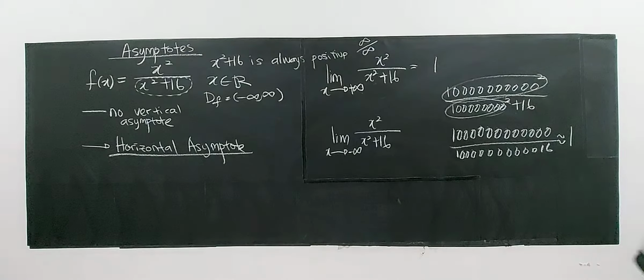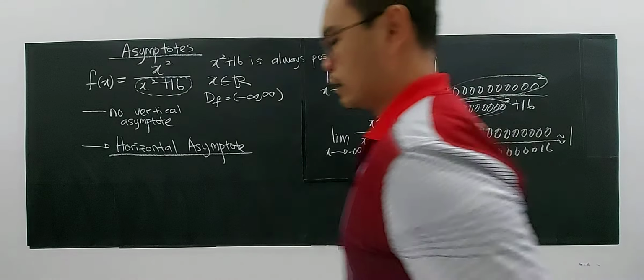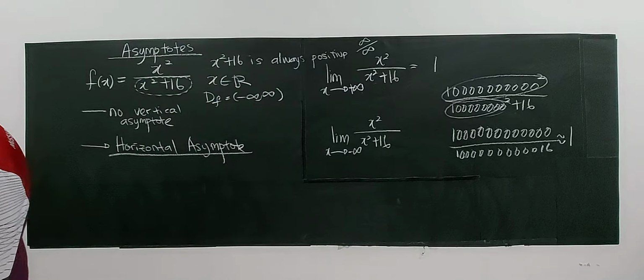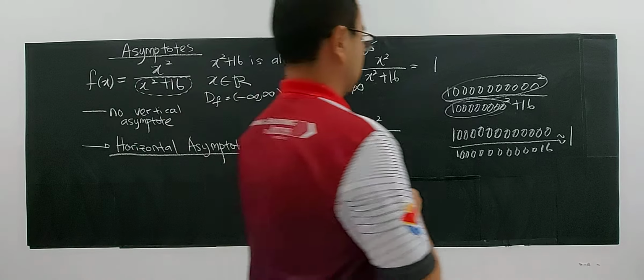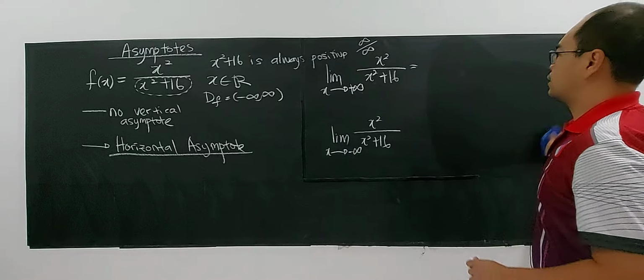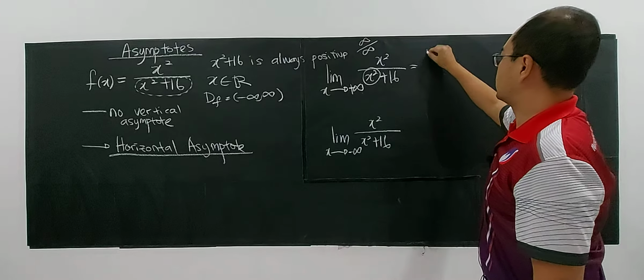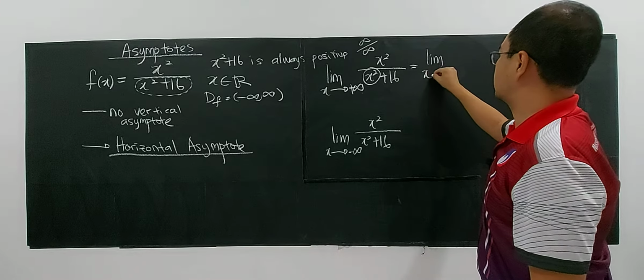So this is the concept of limits, but you cannot explain it using this way. You have to calculate mathematically. How? Very simple. As I told you, you divide by the highest power of the denominator, the highest degree here.